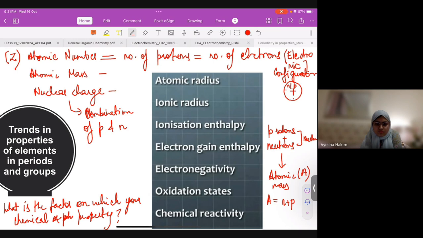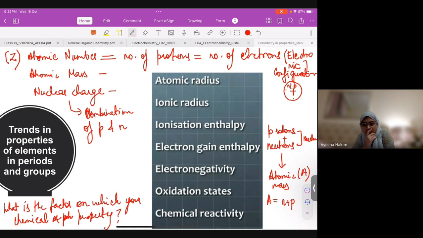Any element will form a bond with another element only when electrons participate in bonding, whether it is an ionic bond, covalent bond, coordinate bond, hydrogen bond, any kind of bonding. Any kind of chemical reaction you talk about, it will be the electrons which participate.